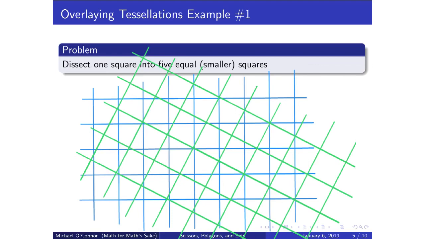So if we overlay them like this, let me focus on, for example, one square here.